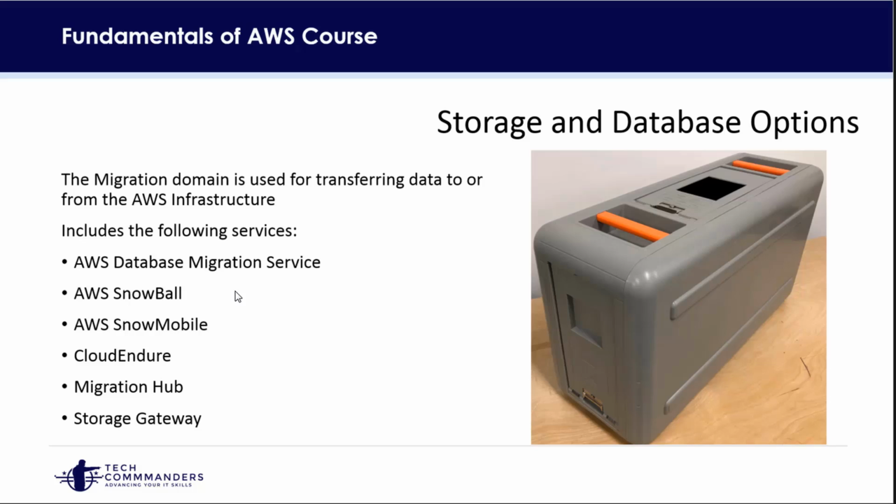Snowball is really meant to import data and export data, but it doesn't have local storage, nor does it really support EC2 instances, or IoT or NFS. That's what Snowball Edge does. So that's sort of that same component.